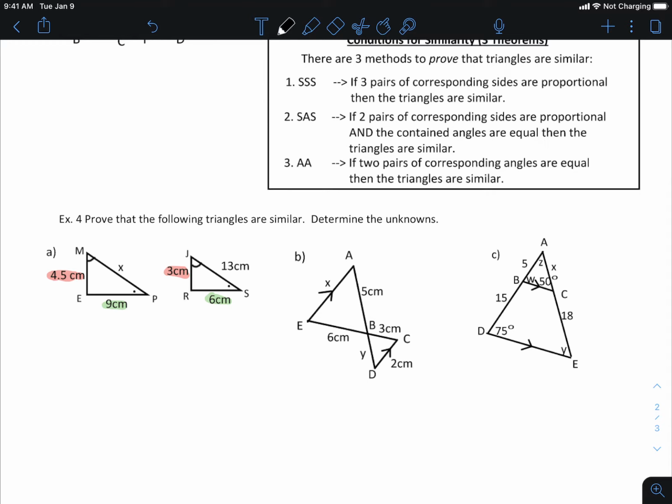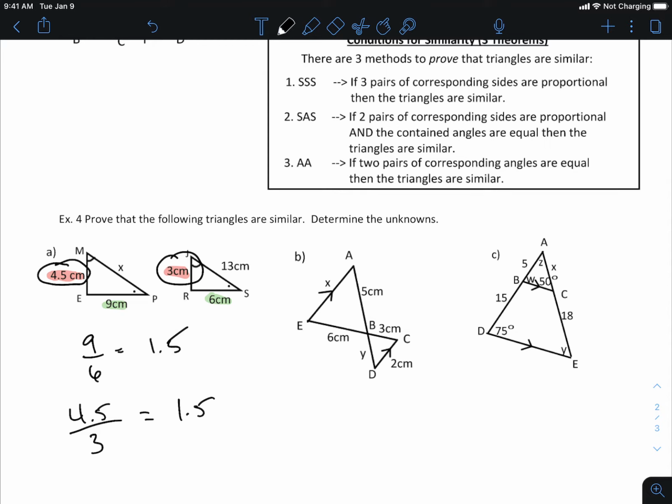It's 1.5 times smaller. How does he know it's 1.5 times smaller? Right, 9 divided by 6 is 1.5. That's not good enough. Let's check this one. What's 4.5 divided by 3? It's also 1.5.